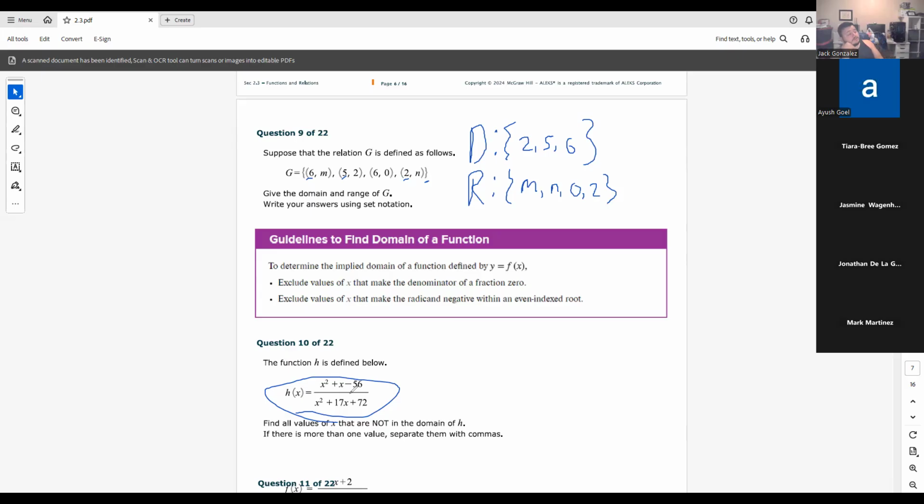So the easy way to do it is find out what is not allowed, because then I can rule everything else out. So what I'm going to recommend is we graph this so you can get a better idea. Let me find the grapher.